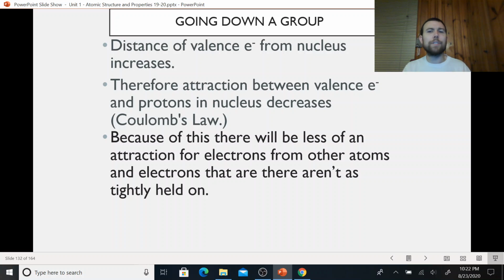And so because of this, there will be less of an attraction for electrons from other atoms, and electrons that are there aren't as tightly held on to. And if we're thinking about how that corresponds to our shielding, the shielding effect is much stronger, which is why it's easier to pull off or to lose a valence electron on a larger atom.